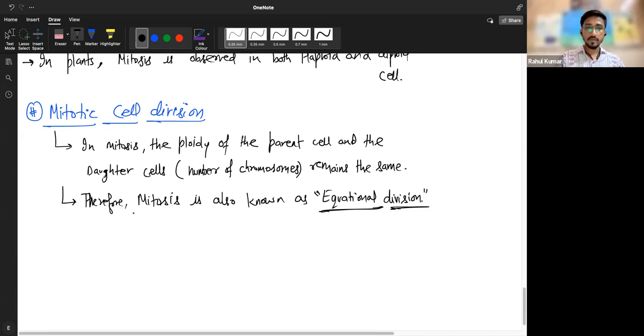Now, this mitosis can be divided into, write down, 4 stages of karyokinesis.